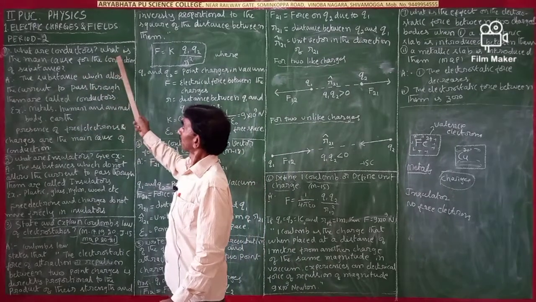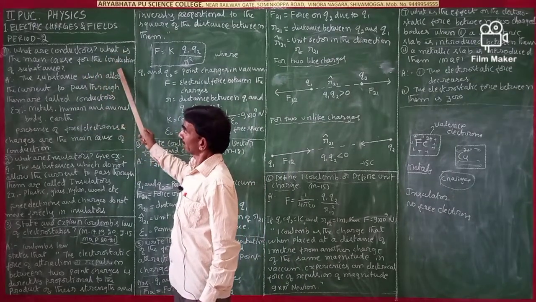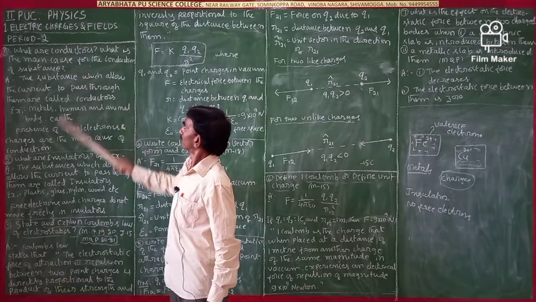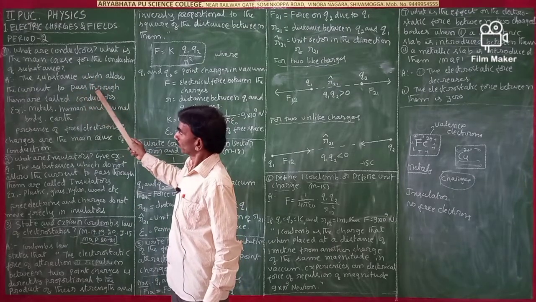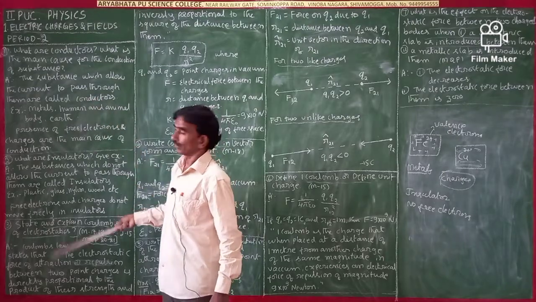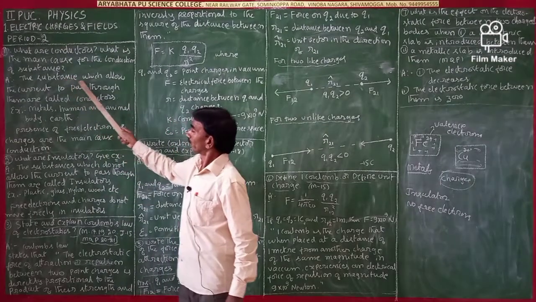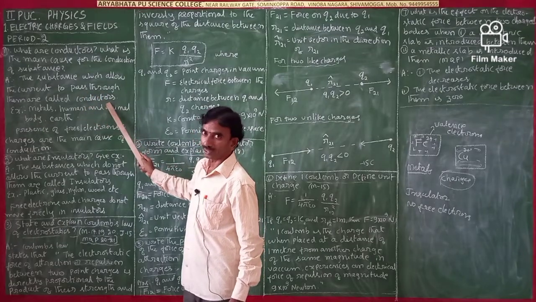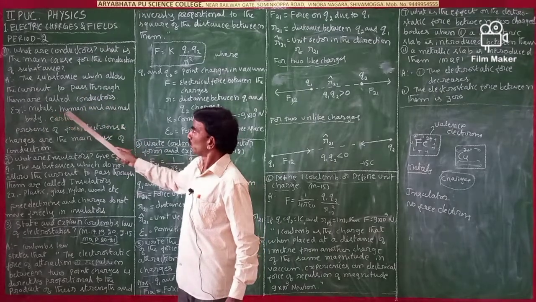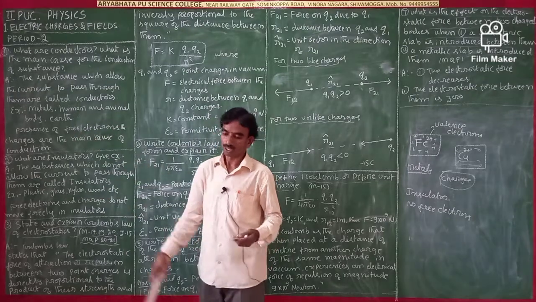So what is the main cause for the conduction of substances? Substances which allow current to pass through them are called conductors. Examples: metals, human body, animal body, earth.